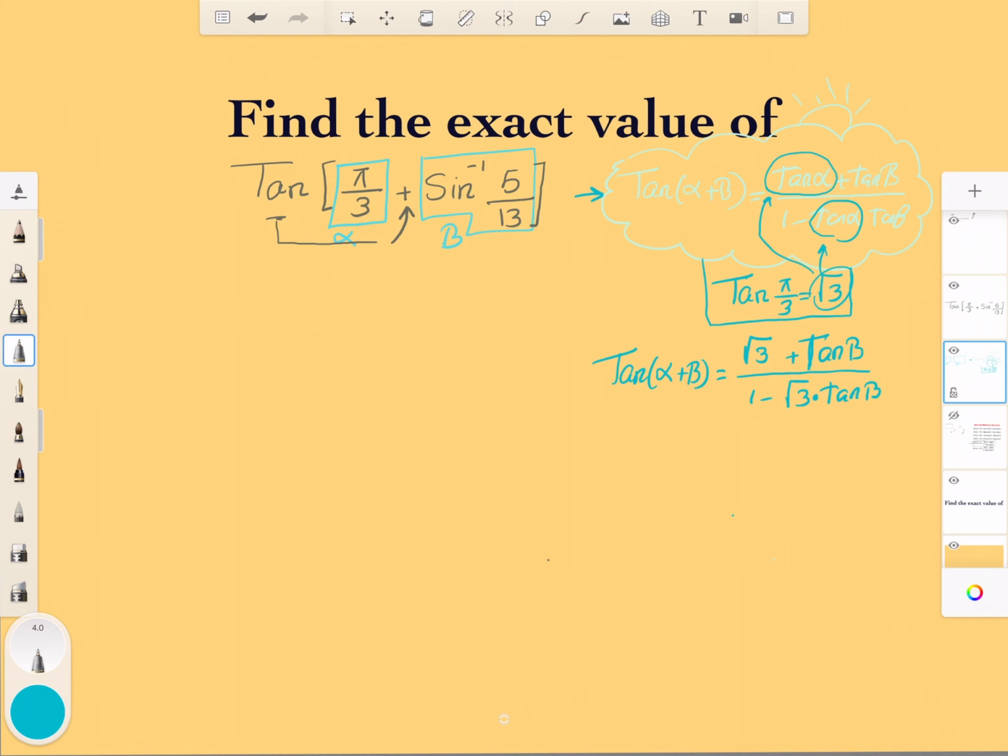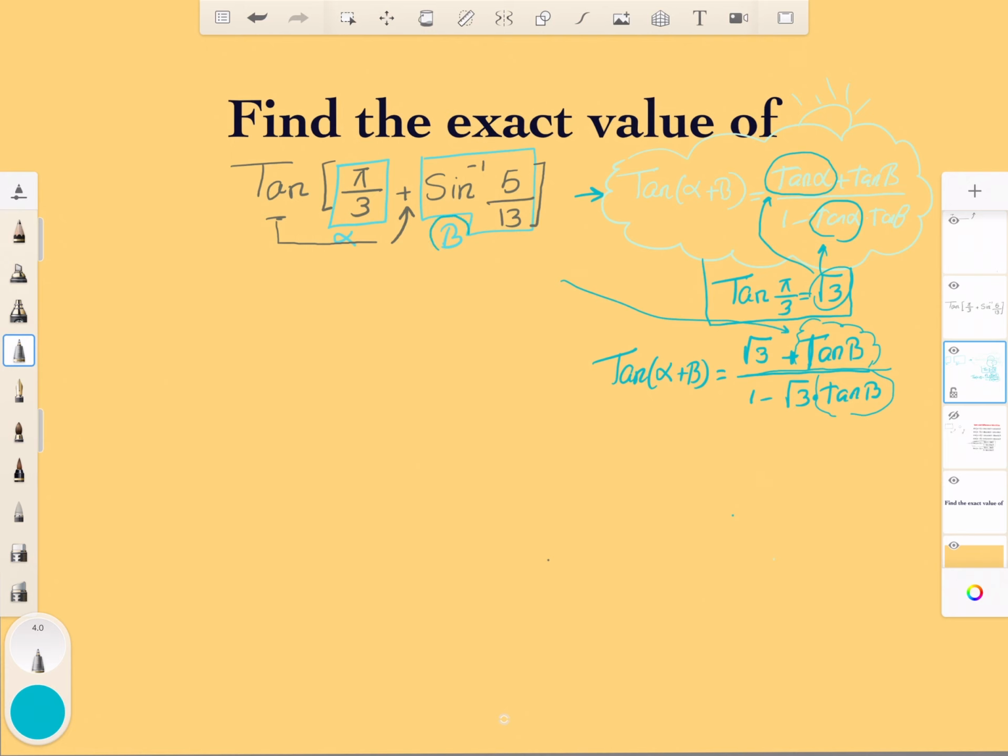Here's a multiplication and this is addition. If we find tangent of beta, substitute it here, and simplify, then we are done. So now our job is to look for tangent of beta.